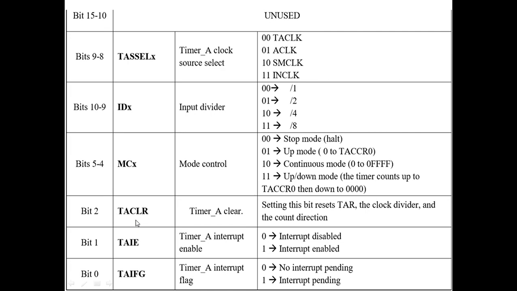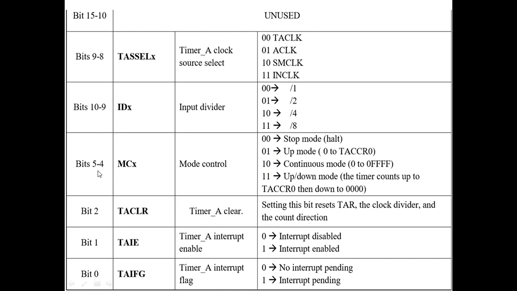This timer is operated in 4 modes. First, if you want to stop the timer, that mode is 0. If you want to operate the timer from 0 to a desired value, that means you want to set the desired count value, it is operated in 0 1 mode.